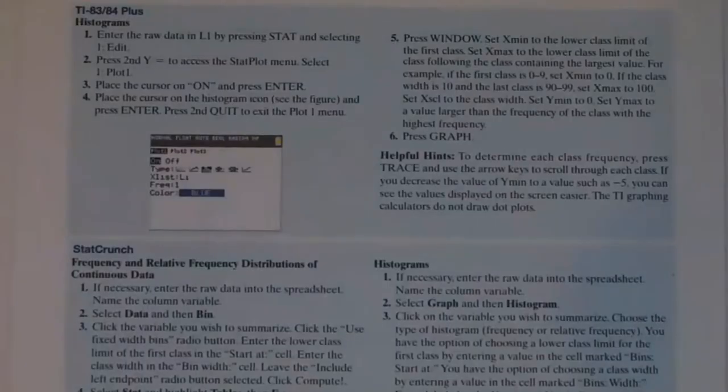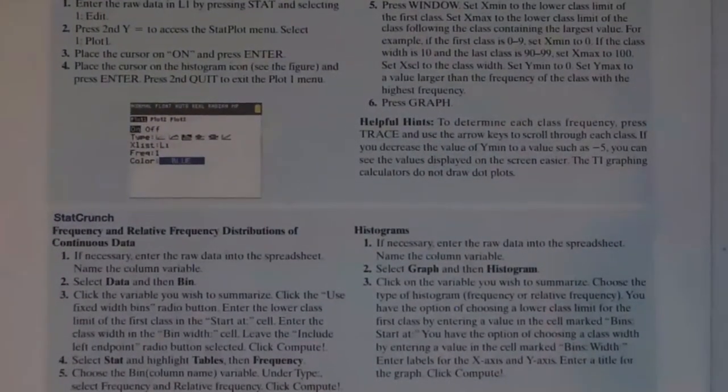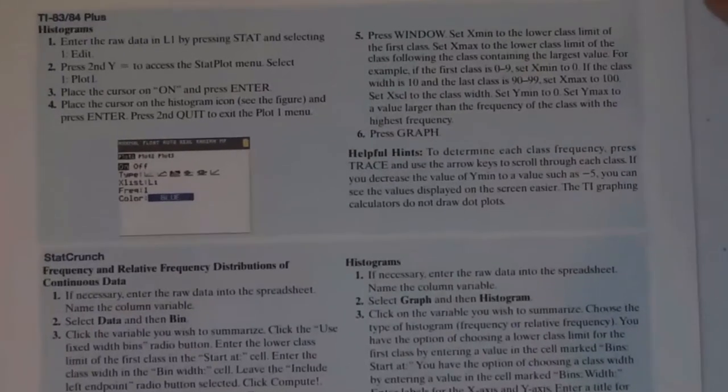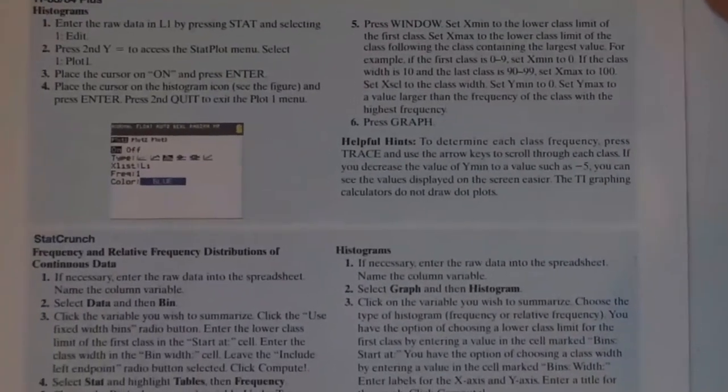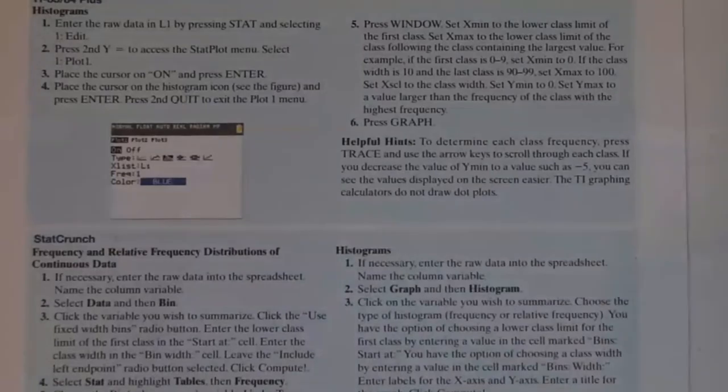Now, generally, we're not going to want to do these things by hand. The reason is because it just takes a long time, and we have technology that can do it for us. And so we're going to do that. So I have given you instructions here. I just pulled these from the textbook.